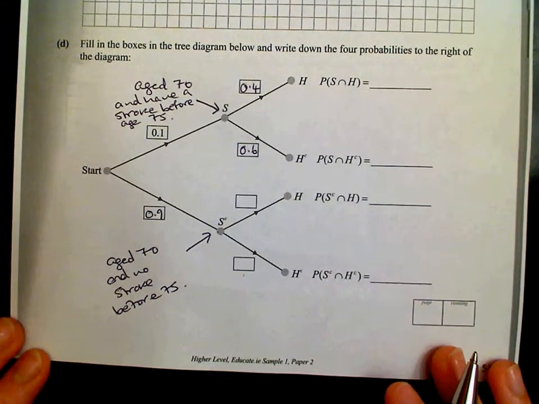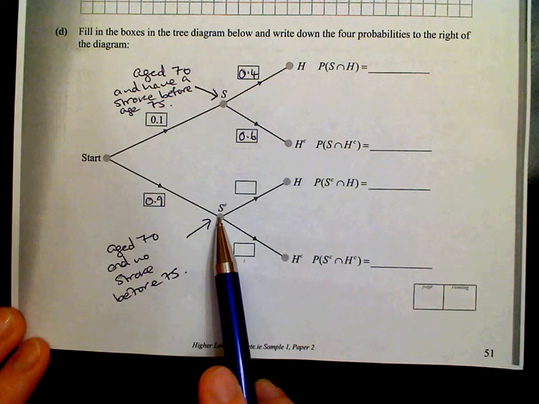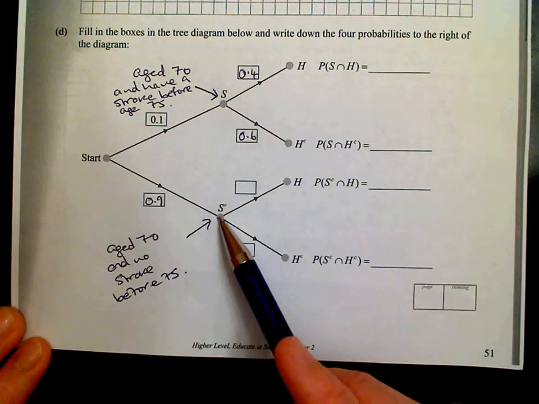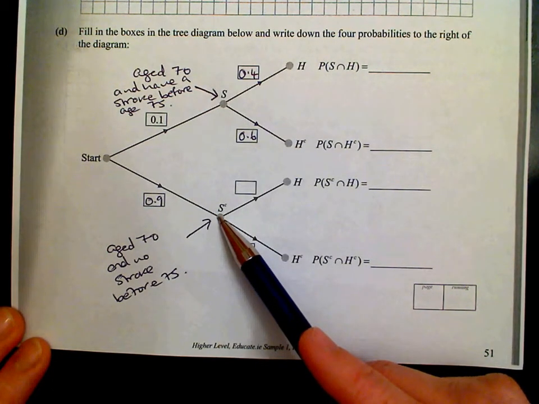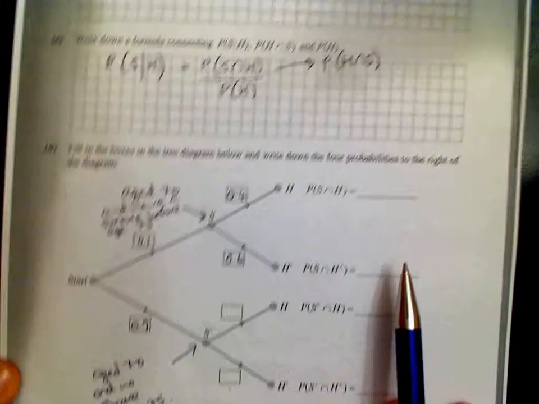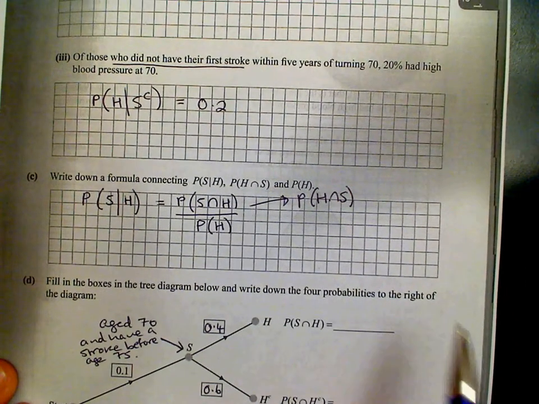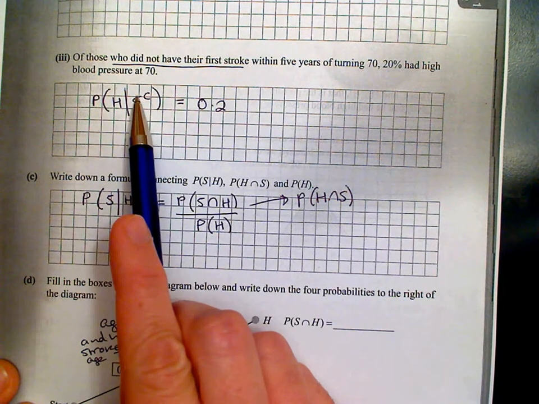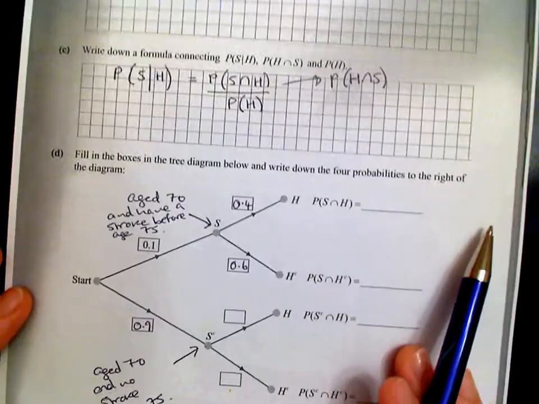Now, down to the bottom of the tree diagram, we have the probability of being age 70 and no stroke before 75. So that's given to us at the moment. So it's the probability of high blood pressure given that they're age 70 and have had no stroke before 75 years of age. And if you move up to B part 3 of the question, we've already got this value, the probability of high blood pressure given that they've been age 70 and no stroke before the age of 75, so that is 0.2.